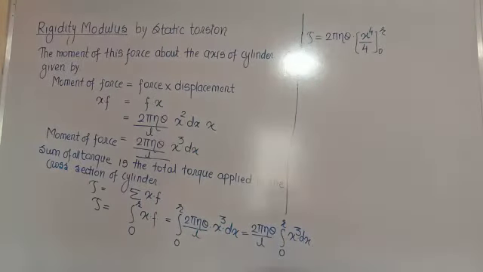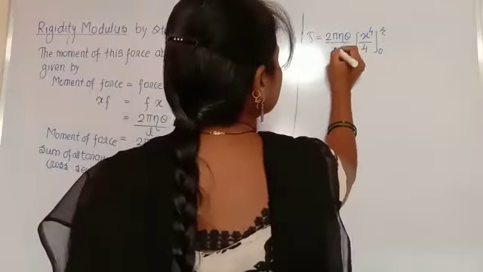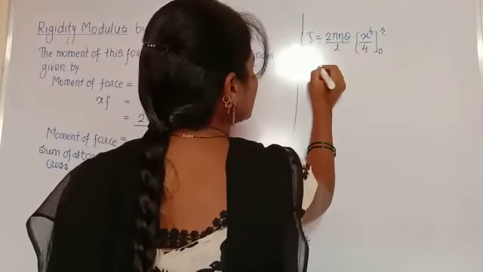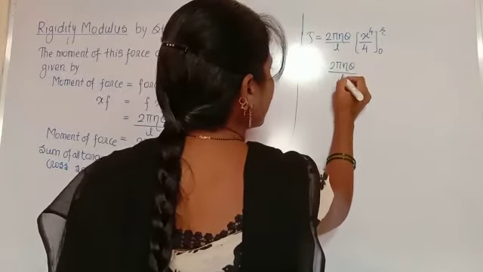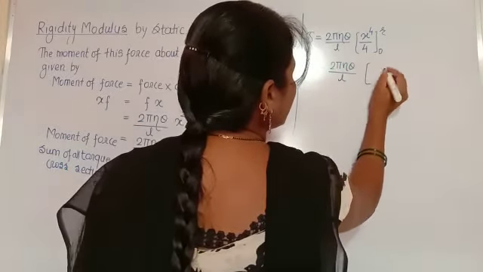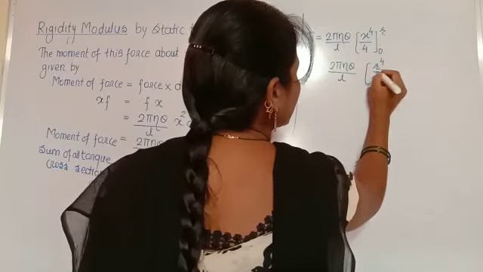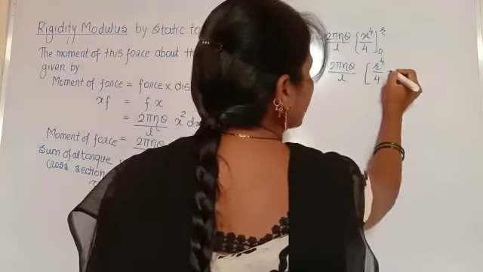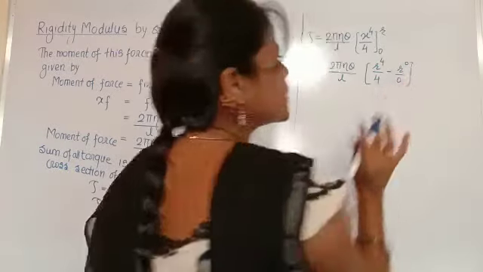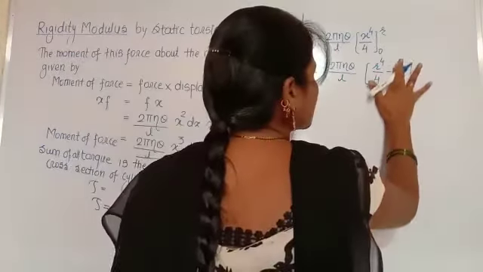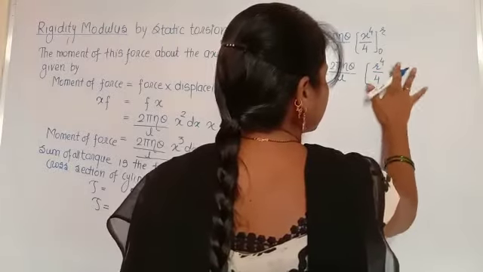So firstly we put in the upper limit. Torque is equal to twice pi eta theta divided by L, and the upper limit R to the power 4 divided by 4, and the lower limit 0 to the power 4 divided by 4, that is nothing but 0. So that's why we are not taking this term.